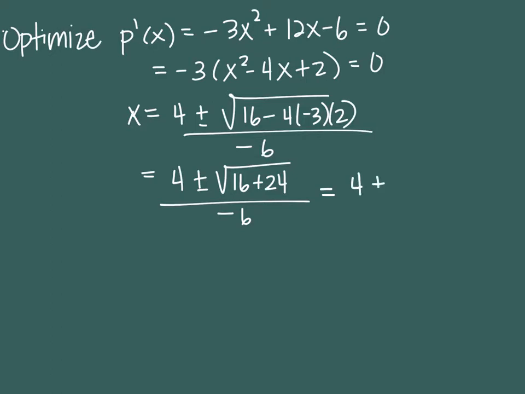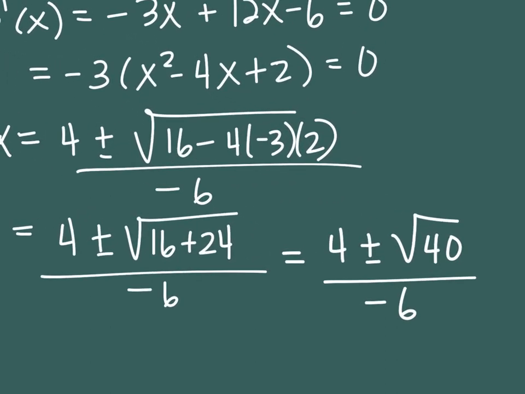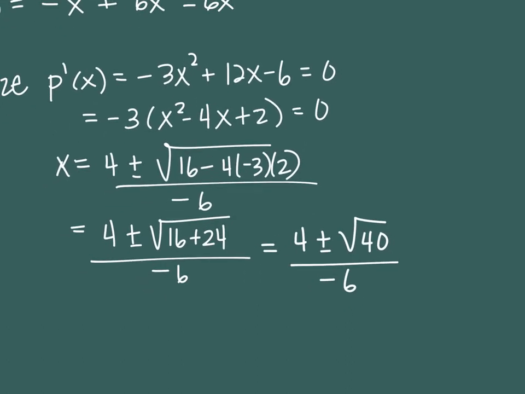So that'll give me 4 plus or minus the square root of 40. Oh, yeah, I was looking at my a that I'd taken out. I was looking at my a of the original function instead. Thanks for catching that. So that can just be a 1. So let's clean that up a little bit.